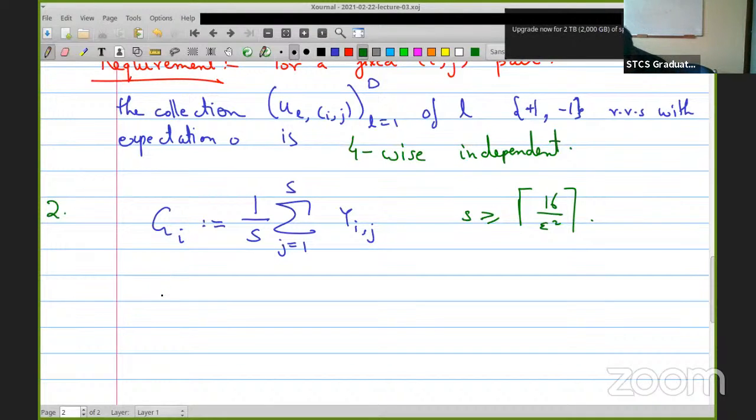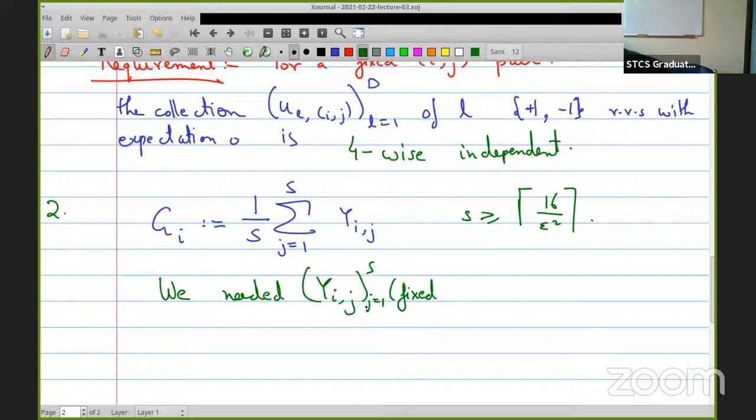So we needed y_ij fixed, j from 1 to s, to be at least pairwise independent for this.